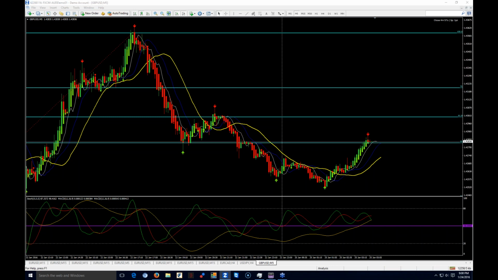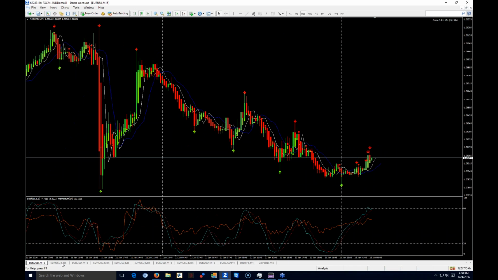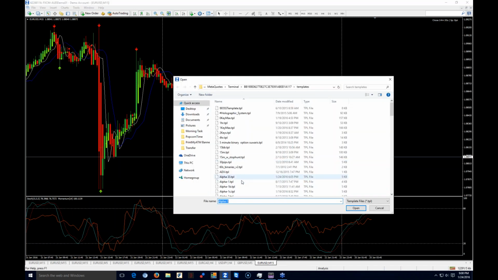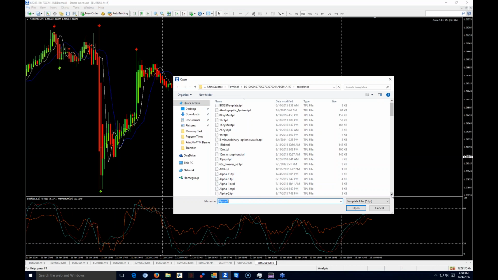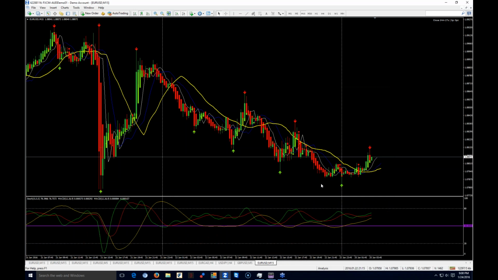Okay, now we got some movement because of that 9 p.m. ADX crossing went off.